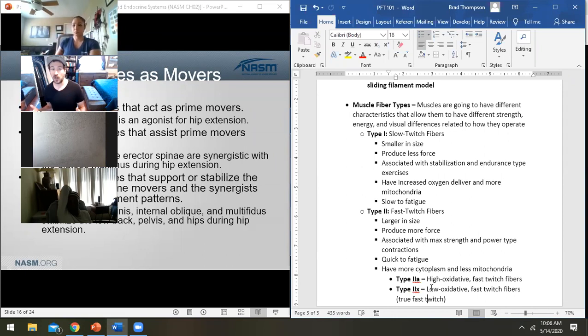If you think of the way that these muscle fibers are going to look, there's going to be the most mitochondria and the smallest size in a marathoner. There will be a medium amount of mitochondria and a medium size in our traditional team sport athletes.